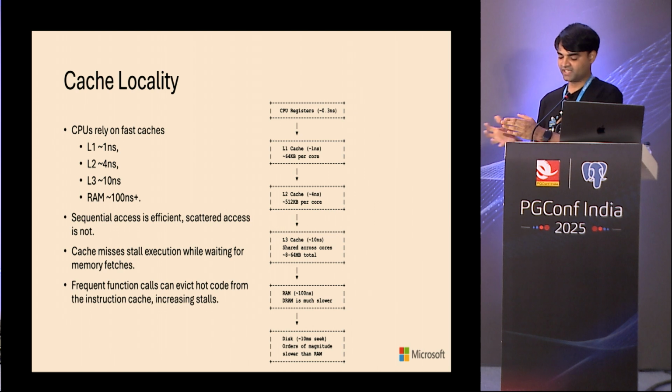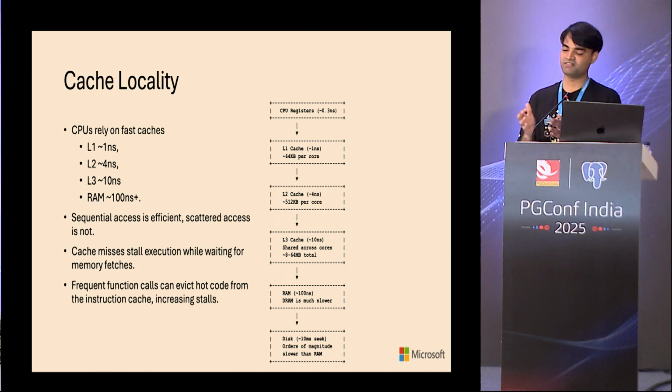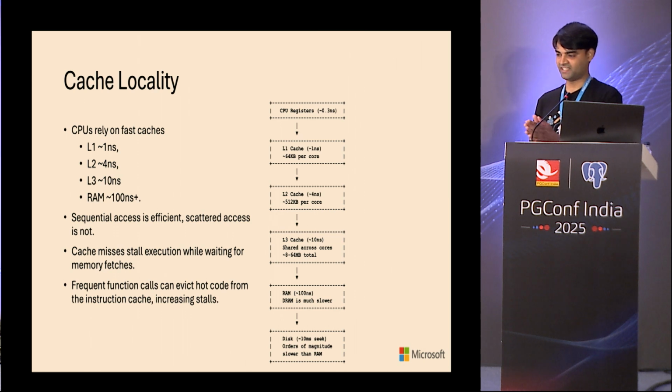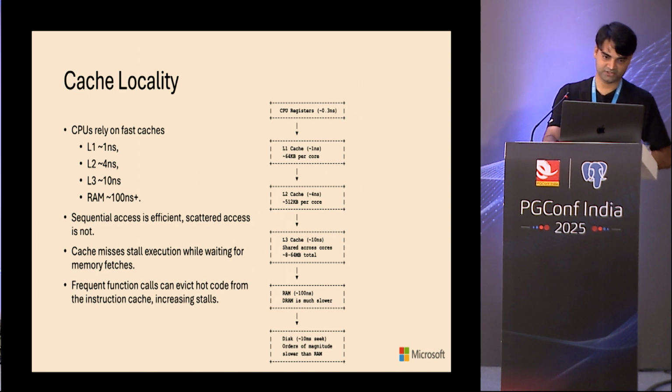Similarly for the instruction cache: if the program runs from one instruction to the next and there are no unpredictable jumps, then CPUs are going to find those instructions in the cache. But if that stops being the case, for example, if you have too many function calls and you keep jumping around from one function to another, then your instruction cache hit ratio is going to suffer. So there are both aspects, data and instructions.